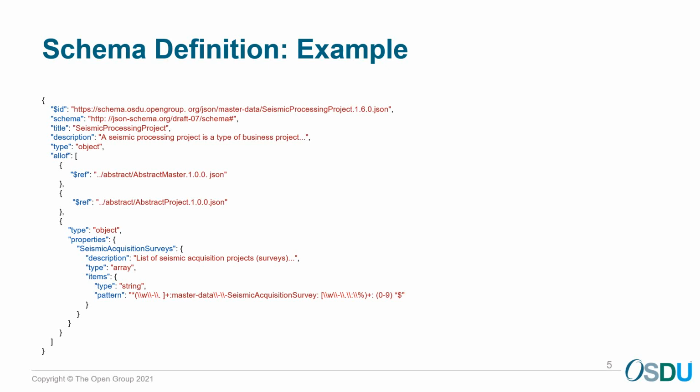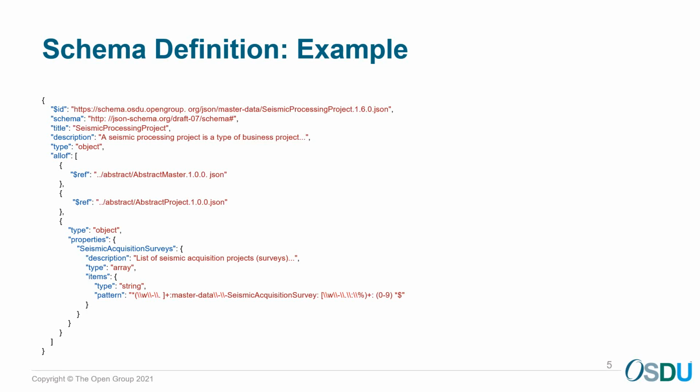For instance, in this example, you can see 2 references, abstract master and abstract project, which should be already defined. Below, there is a definition of all properties of this entity. I will elaborate on these types of schemas, including abstract types, a little further.